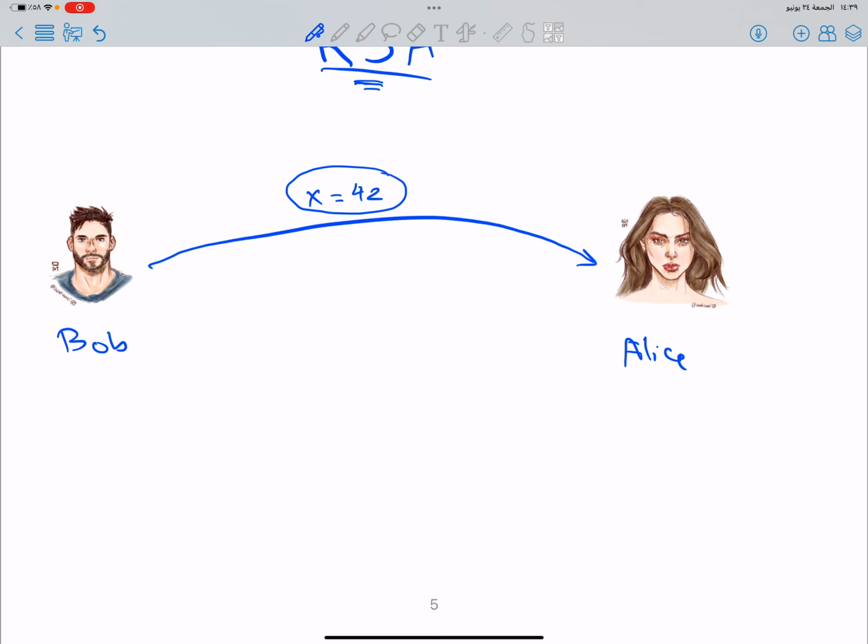Bob should be sure that the message will be safe and that a third person cannot take this message, open it and read it. That's why we should encrypt this message in a safe way.